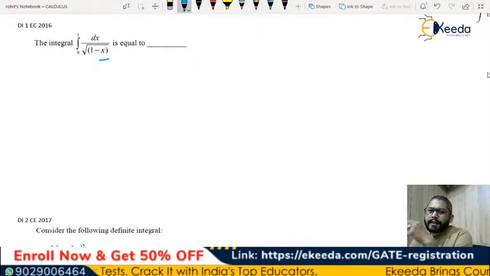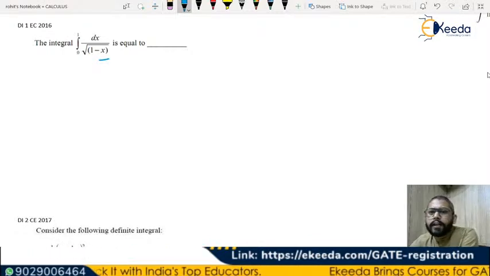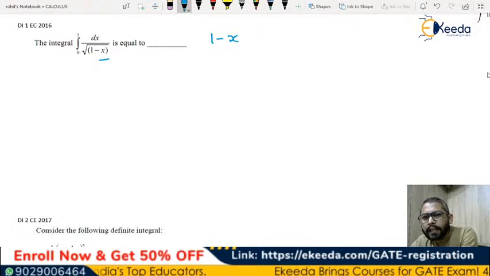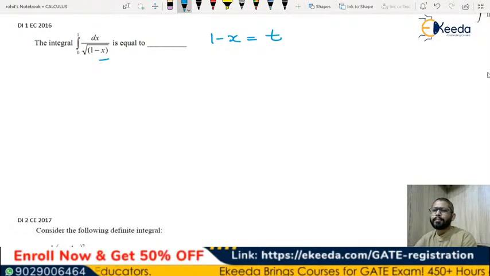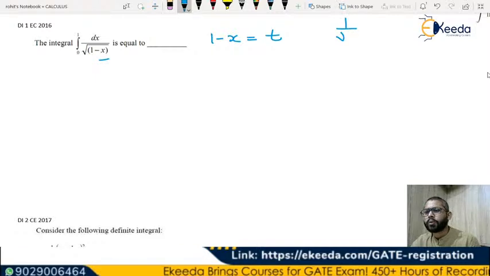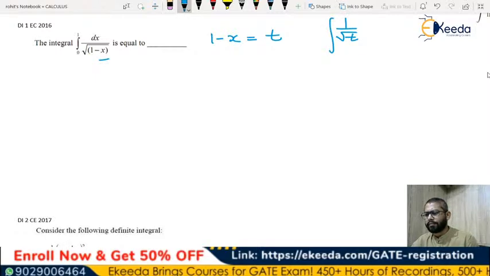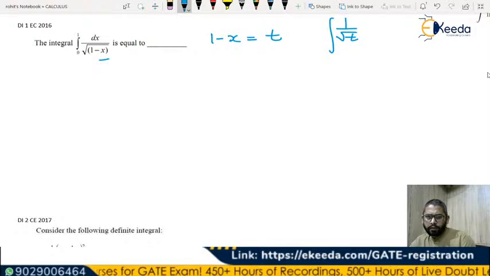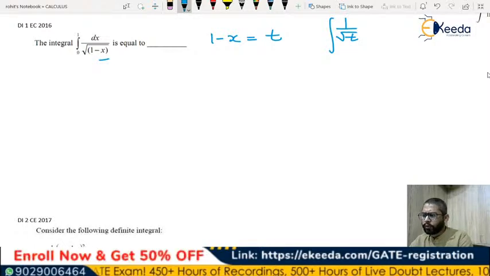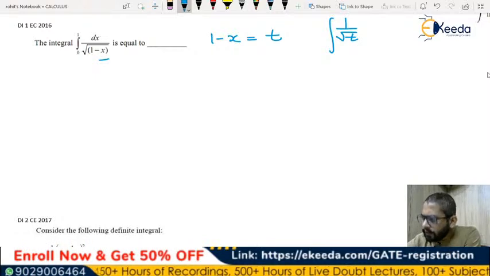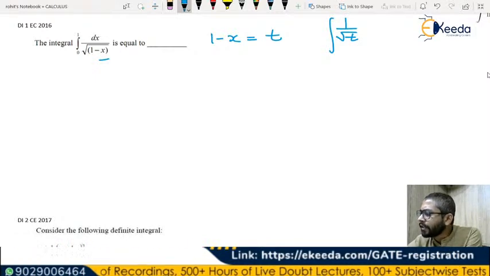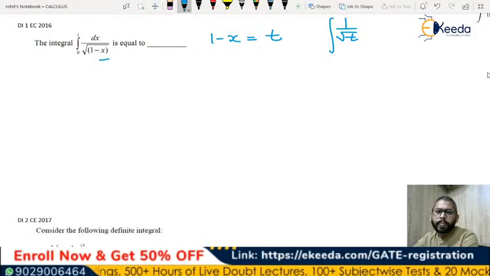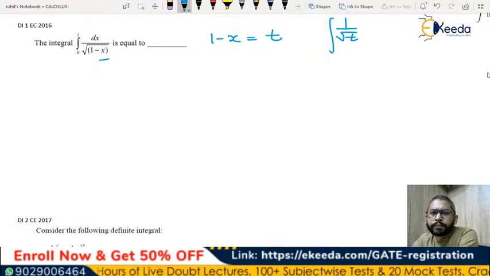So there is a radical term here, and what if we try to take this 1 minus x as t? Because a simple radical like 1 by root t can be integrated, right? It is t to the power of minus half. I'll have to check what is the answer. It's not 1. So let's see.